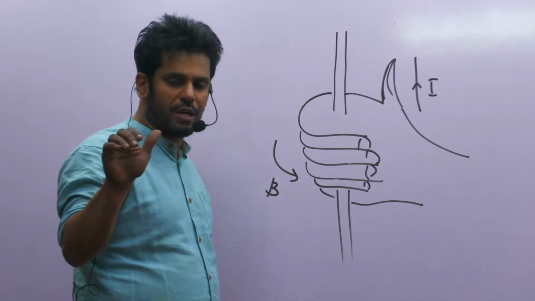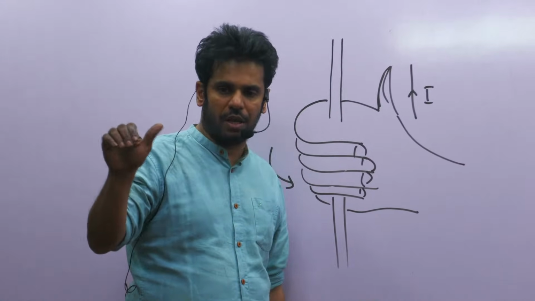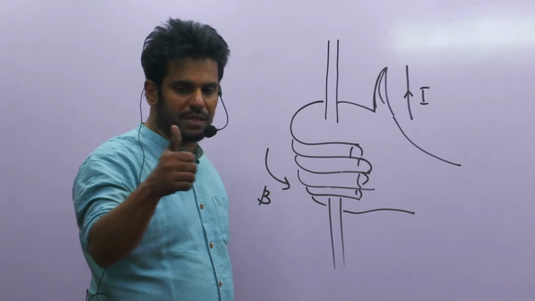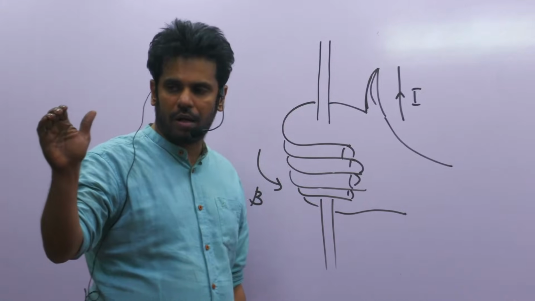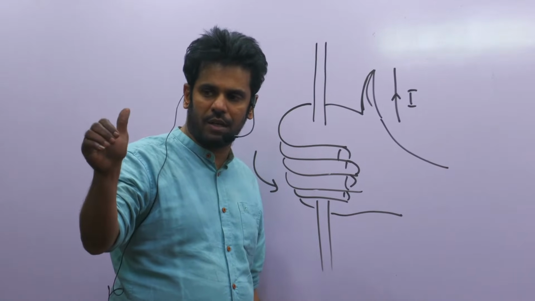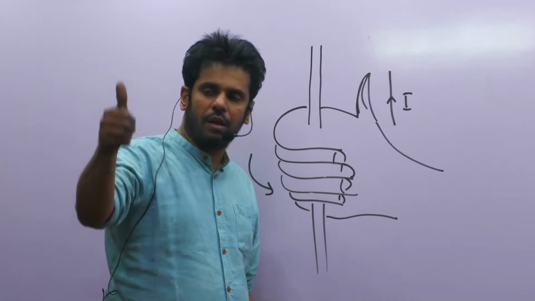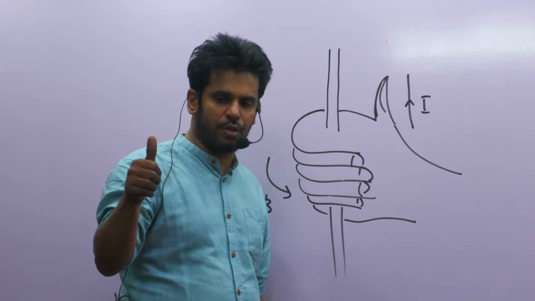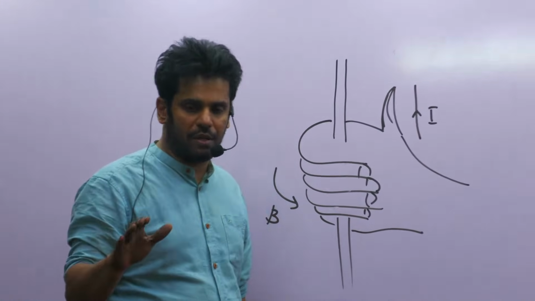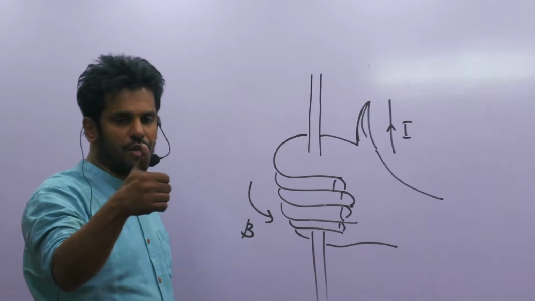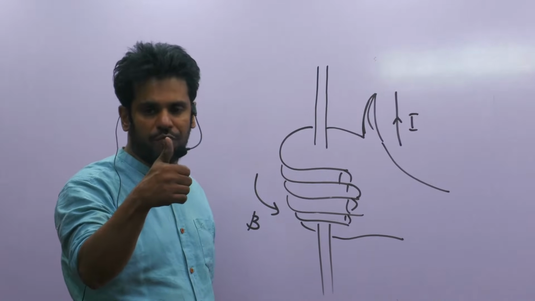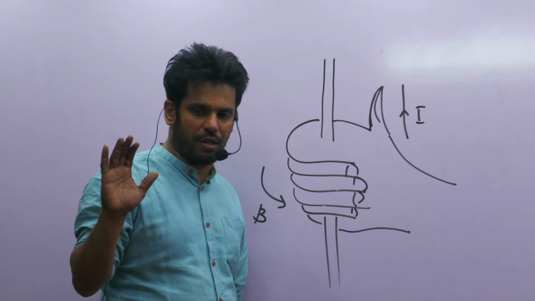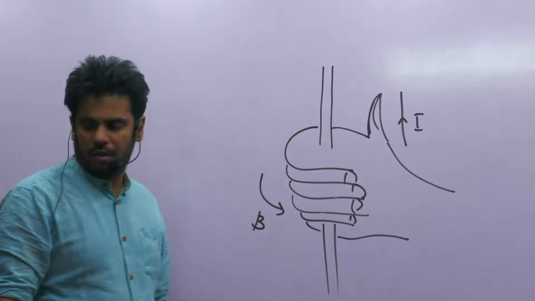If you want to represent the direction of current by these other fingers, at that time direction of magnetic field is given by direction of thumb. You can change it, but generally we use direction of current by direction of thumb, and other fingers represent direction of magnetic field. That is okay, right?